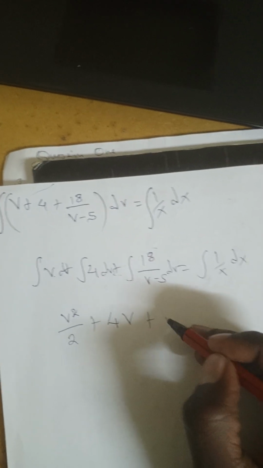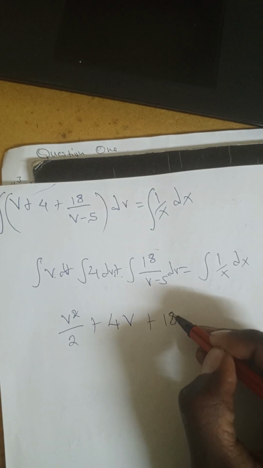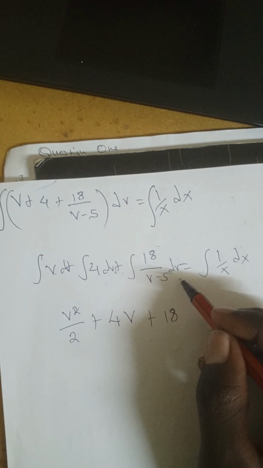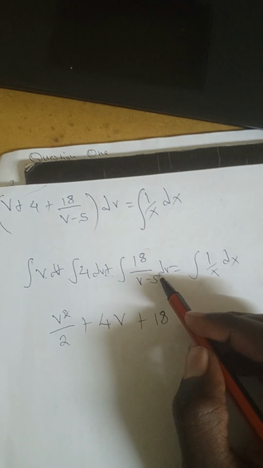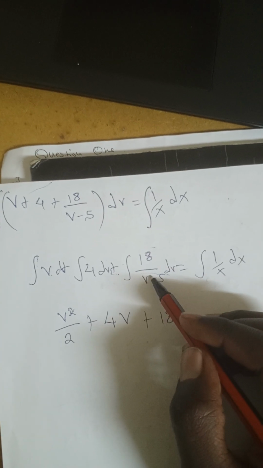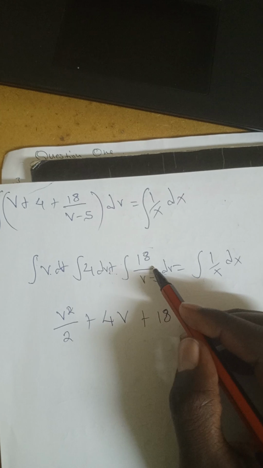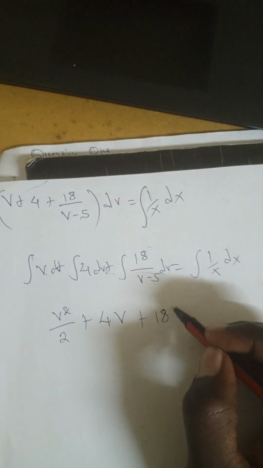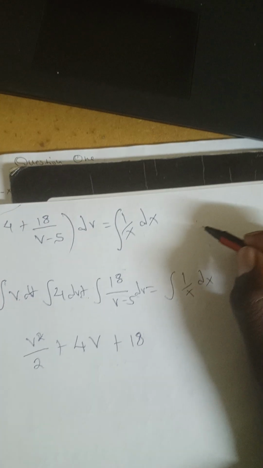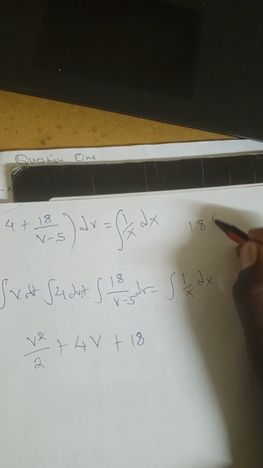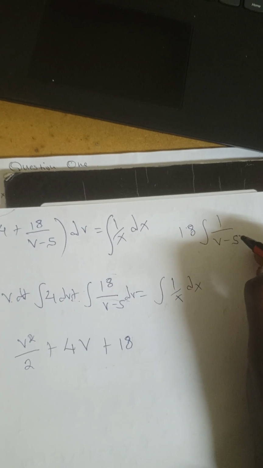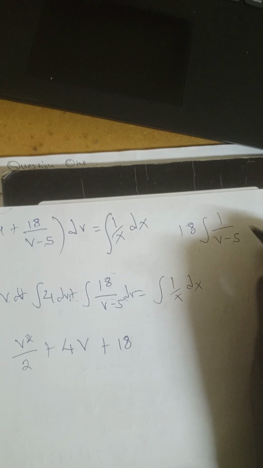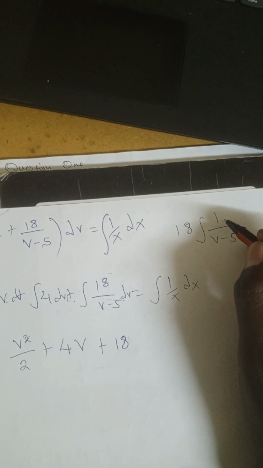I'm going to factor out the 18 outside. For this one here, we just need to ask ourselves one question: is the numerator going to be the derivative of the denominator when we factor out 18? Because see how it's going to turn out. It's coming out like this. So the question is, when you find the derivative of the denominator, is it going to be equal to 1?